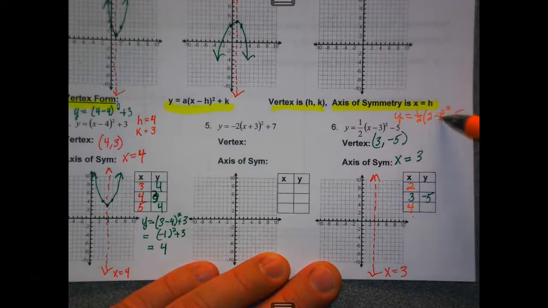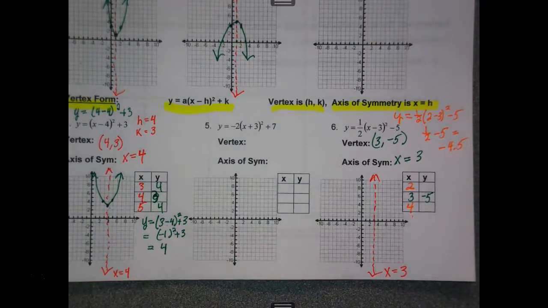Okay, 2 minus 3 is negative 1. 1 squared is 1. 1 times 1/2 is 1/2, minus 5 equals negative 4.5, however you want to do it.